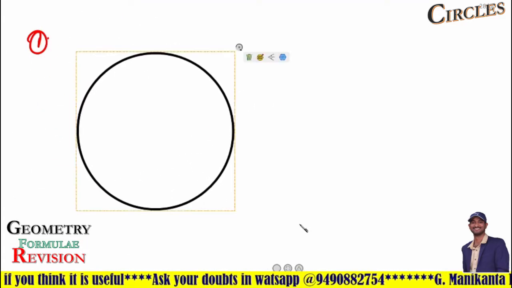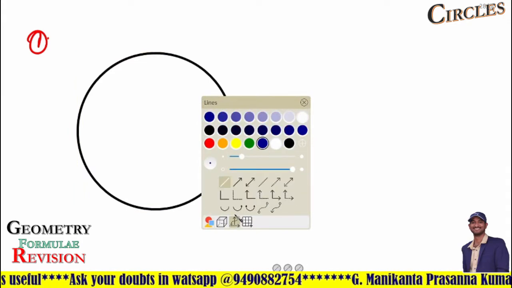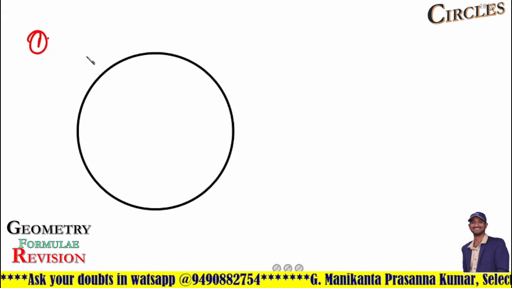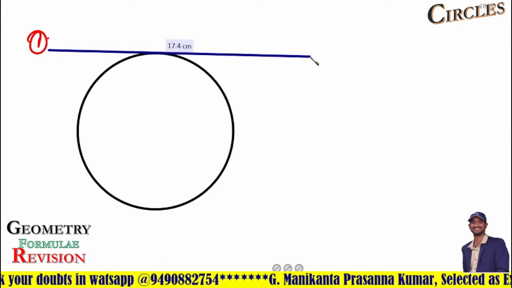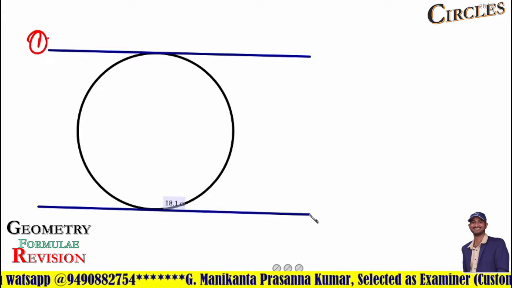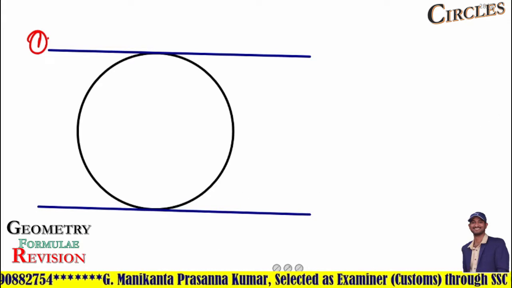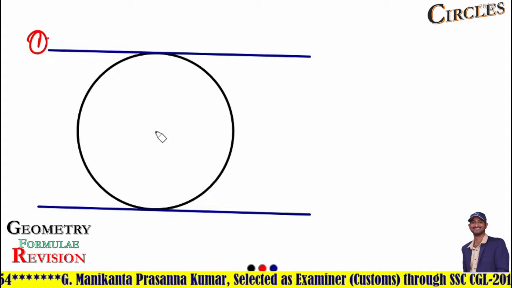Okay, this is a circle, and now I'll draw a line. These blue lines are always parallel tangents.